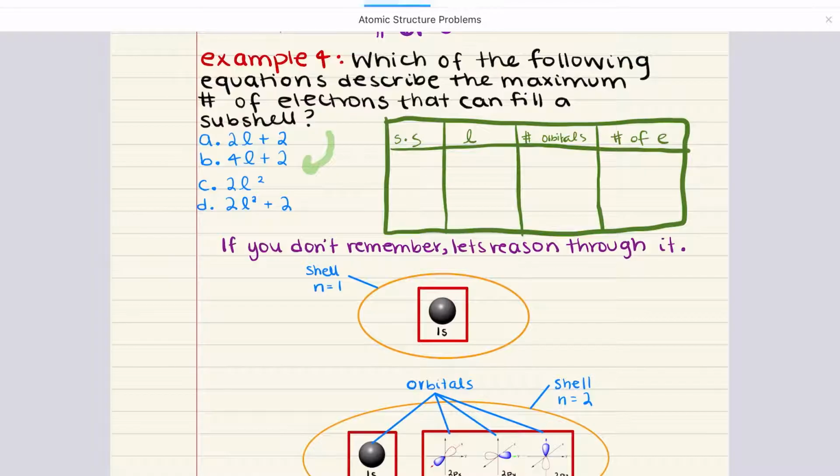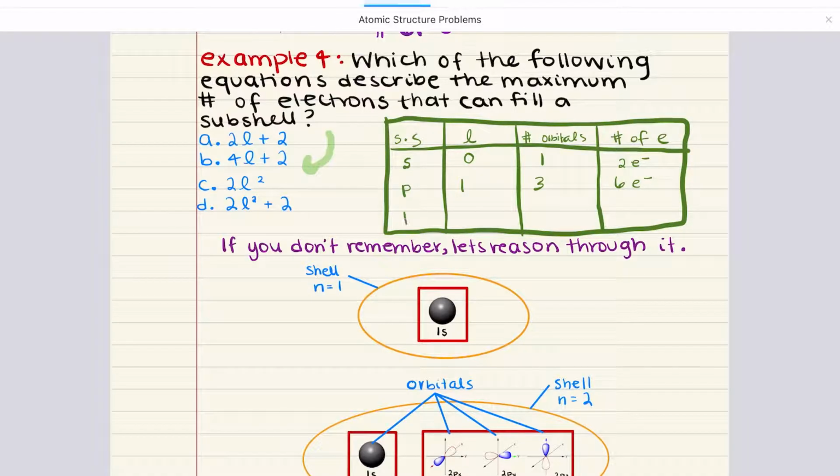For the subshell s, our l value is going to be 0, which means our ml can only be 0, one value, which means there's only one orbital here. And if there's only one orbital, then we have a total of 2 electrons. For the p subshell, the quantum number l is going to be equal to 1, which means that ml can be -1, 0, or +1, and that tells us that we have 3 orbitals here for a total of 6 electrons.